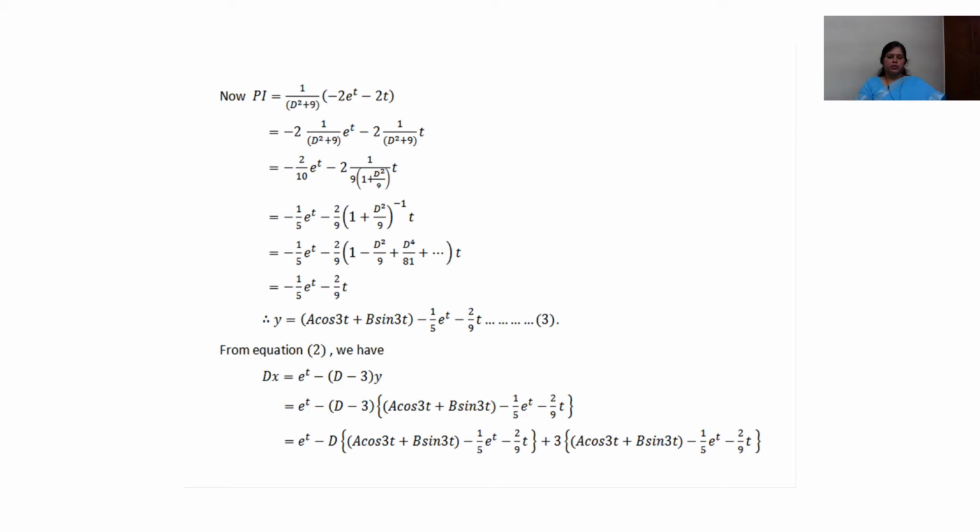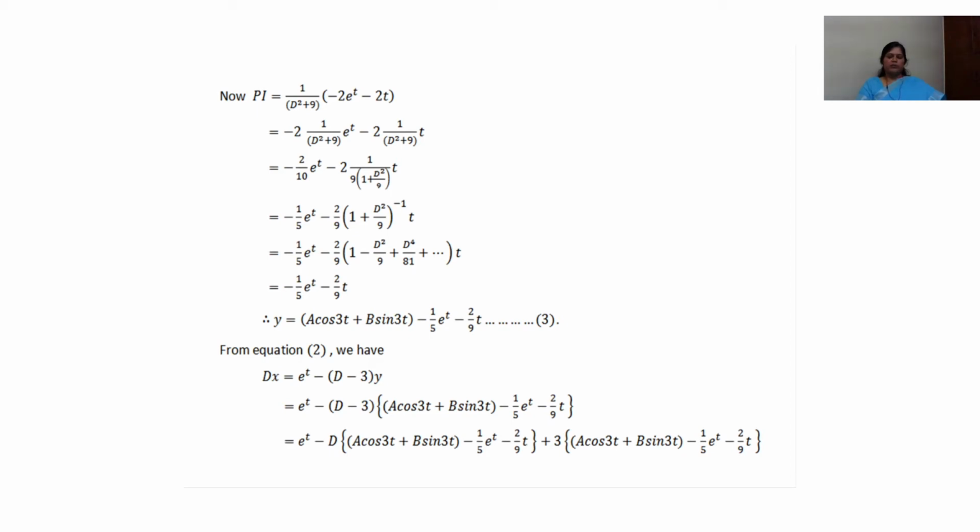See here we have to multiply the whole y value with d as well as with the 3. So that's why we are splitting now. In the next step we are multiplying separately and writing e to the power t minus d into the y value plus 3 into that y value.